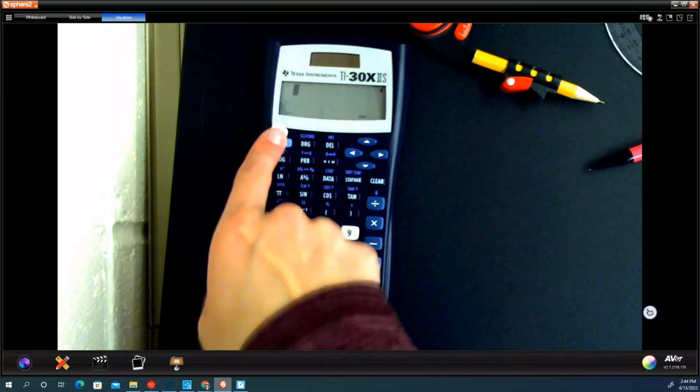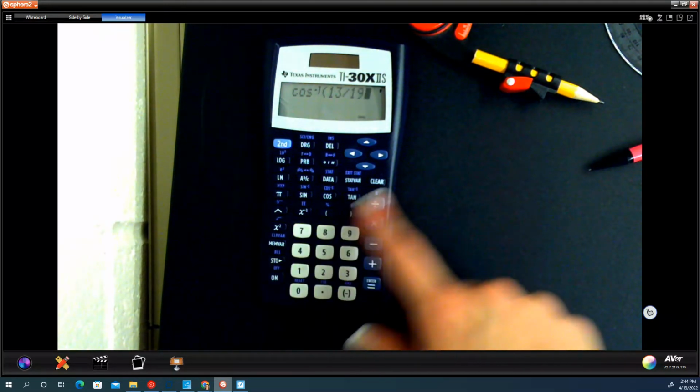We hit second cosine, so it should show that negative first power. That negative first power notation means inverse. Then we put in the ratio, 13 divided by 19. Close that, hit enter. Since I'm using the inverse button, my answer is the angle.